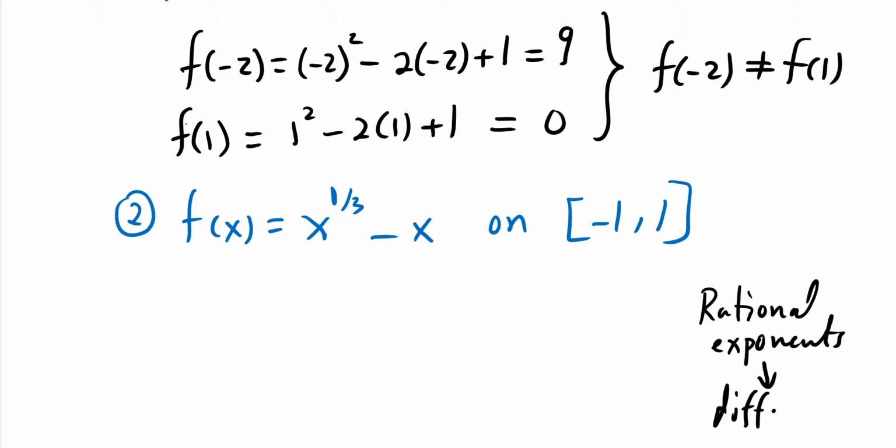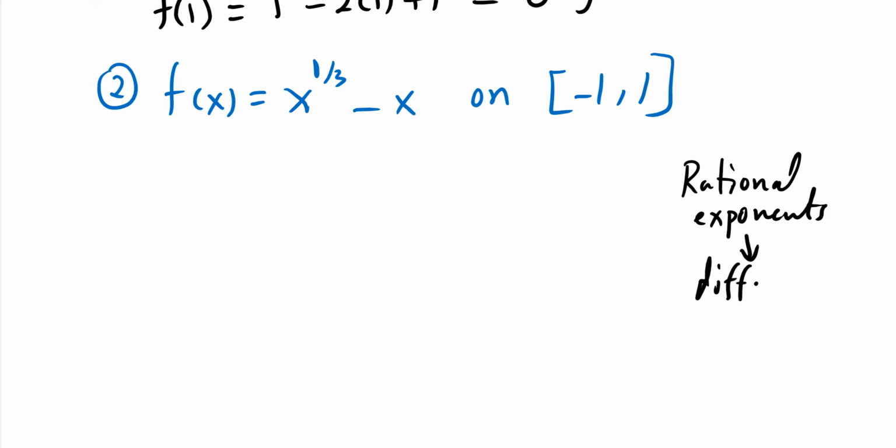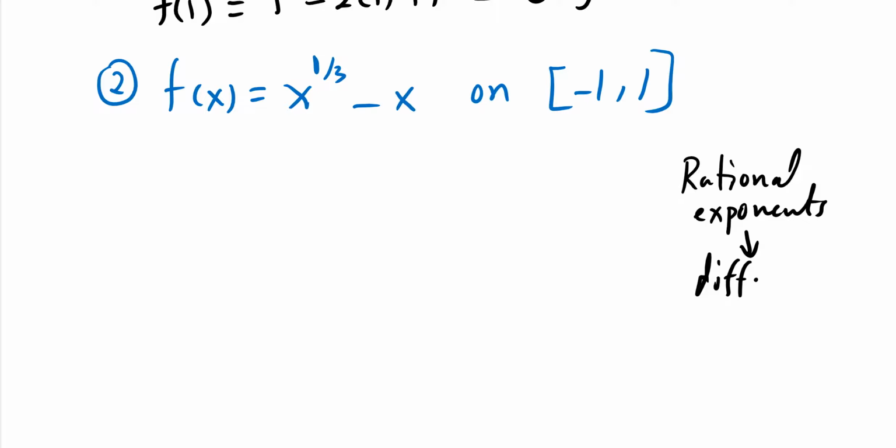So if I happen to find f of 1, I get 0, and f of -1, maybe that might give us 0. We don't know. We can test it later on. But for the meantime, I'm going to check whether it fails or passes differentiability here.